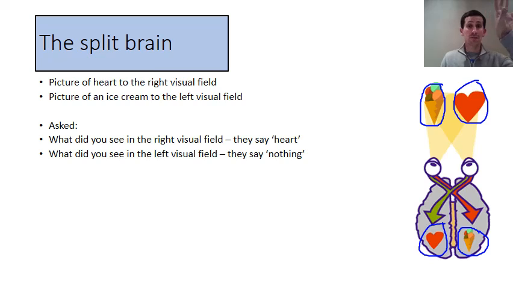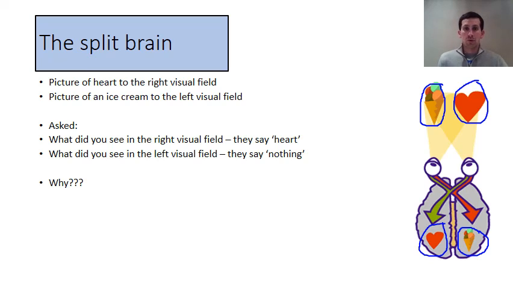Anything they see with their left eye, which is processed in the right hand side of their brain, they're not able to say the word because they don't have that language centre in this side of the brain. Whereas usually we'd have our corpus callosum to link the two sides of the brain. This doesn't happen with split brain patients.